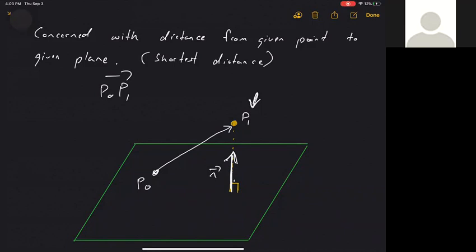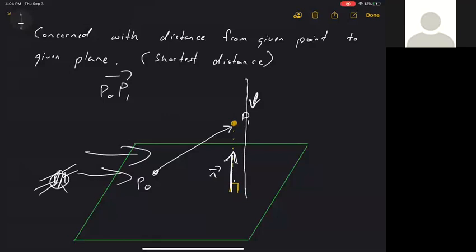We consider a light source directly overhead the vector n. Think about this as a sun, shining its light straight down onto this vector p0 to p1. What kind of shadow is that going to cast on this flat piece of land here?